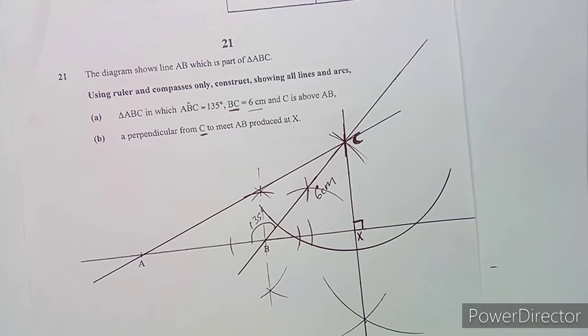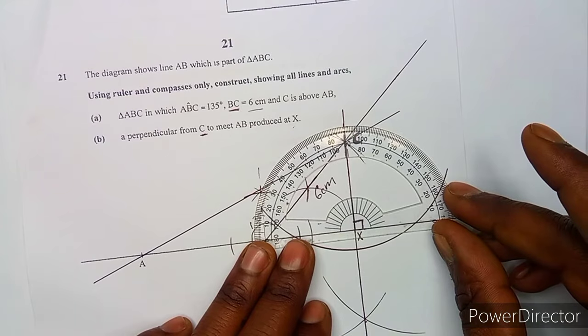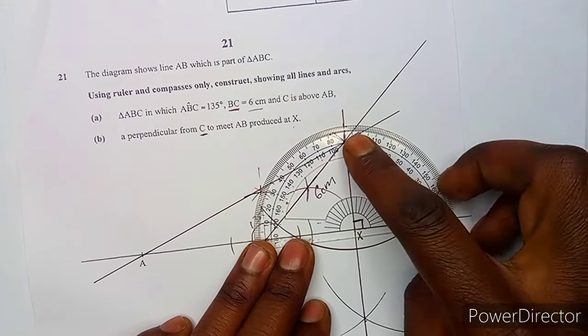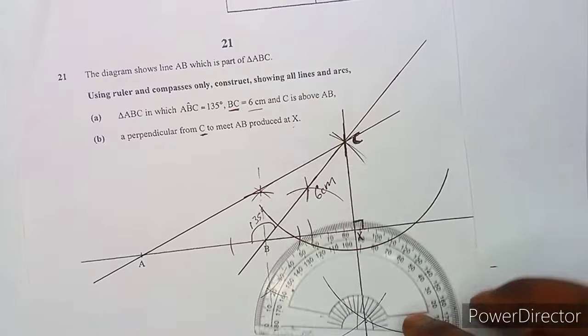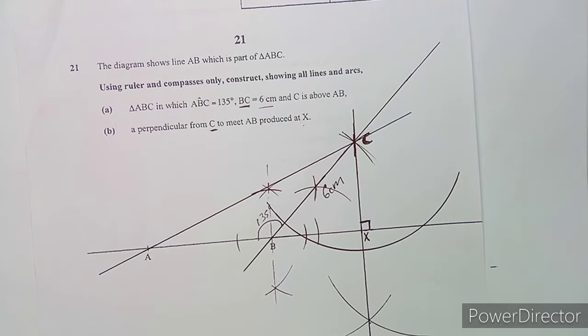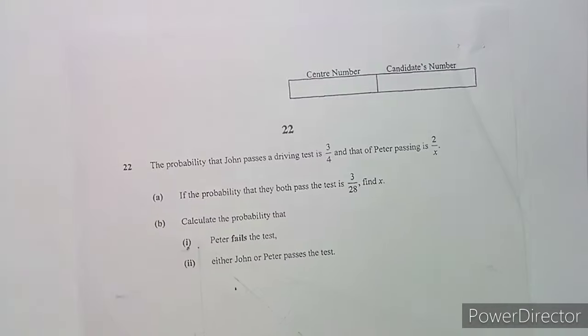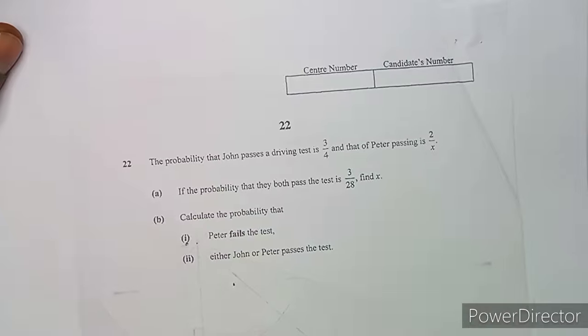At this point, it is going to be at 90 degrees. So if you are to measure this angle, definitely it is going to give us a direct 90 degrees from the point C to this line. That is what they mean when they say construct a perpendicular from a point to a line. All right, so that's what we had, guys.